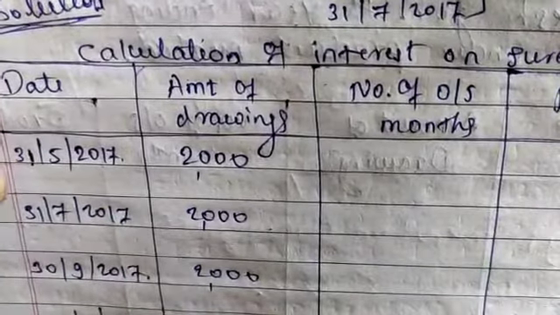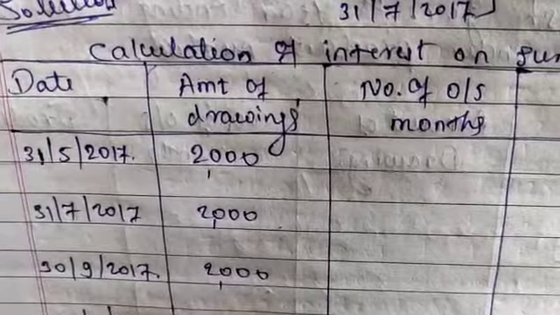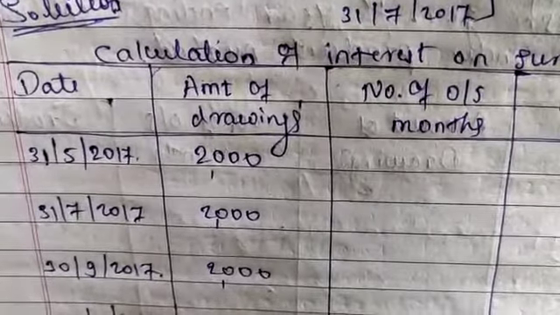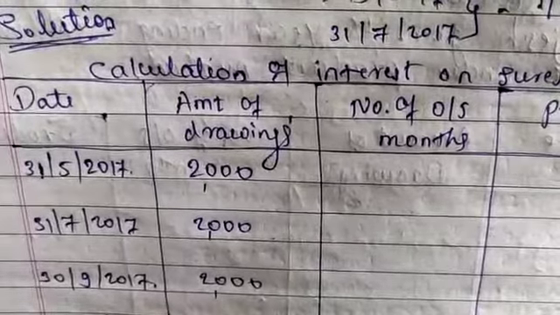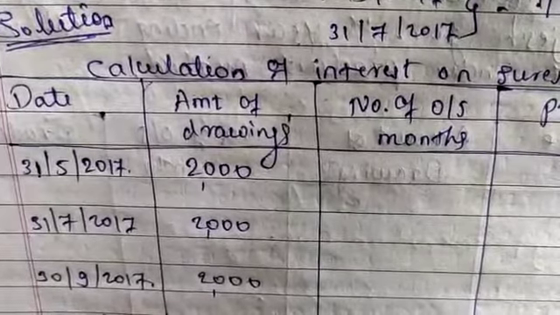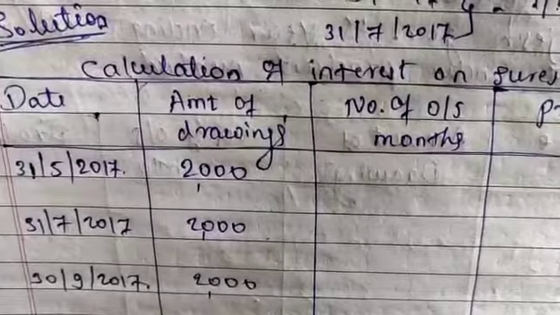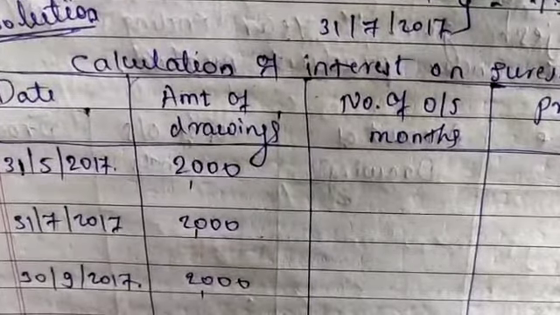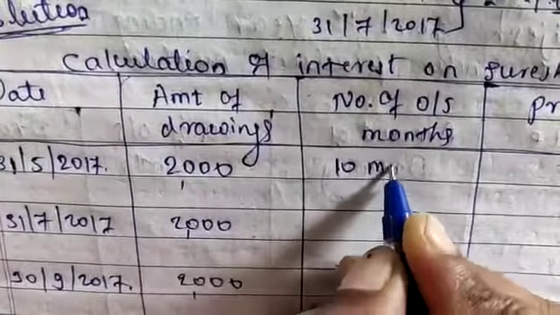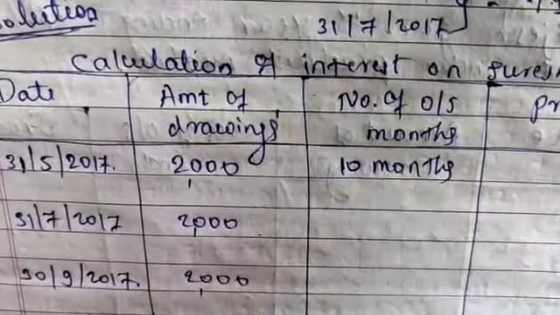That is, 1st June to the accounting year ending, 31st March 2018. So June, July, August, September, October, November, December, January, February, March. That is 10 months outstanding.